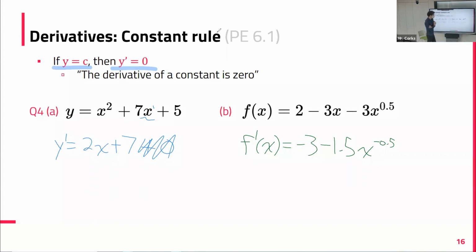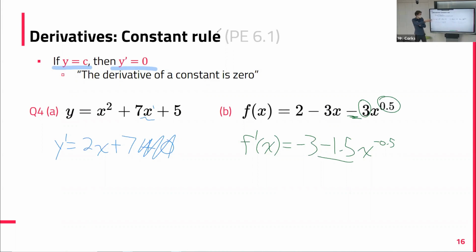Okay. All right. So negative 3 minus, we have our coefficient 3, and our exponent there is 0.5. So 3 times 0.5, 1.5. The negative sign out front still stays there. So negative 1.5. And then our exponent 0.5, just subtract 1, and we get that negative 0.5.